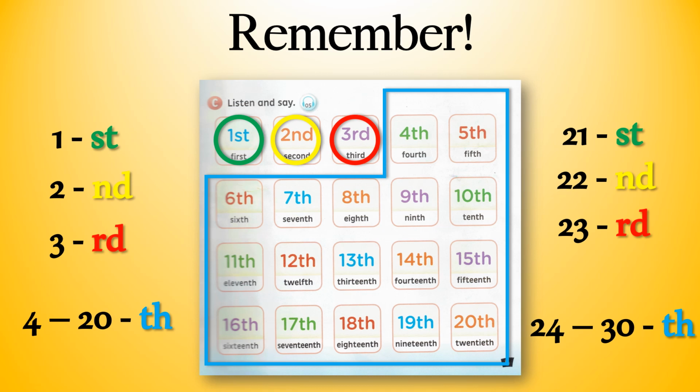The 23rd square will be RD. From the 24th to the 30th will be TH: 24th, 25th, 26th, 27th, 28th, 29th, and 30th. They all have TH.